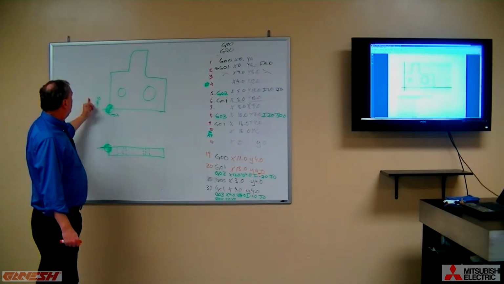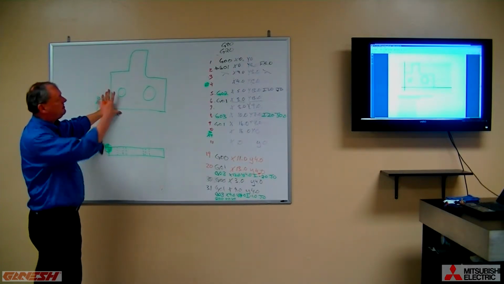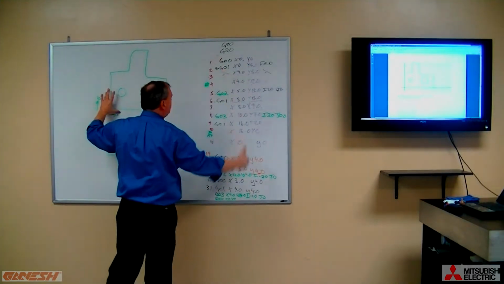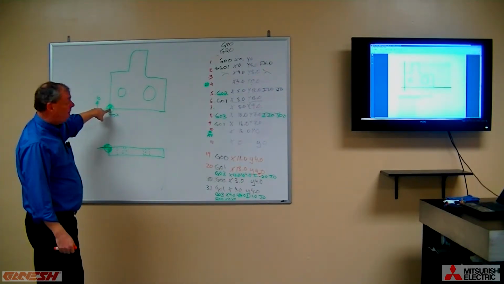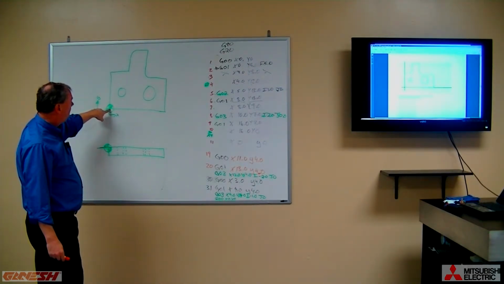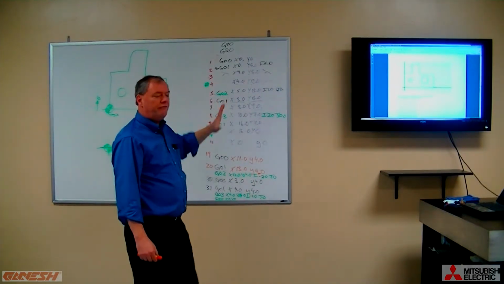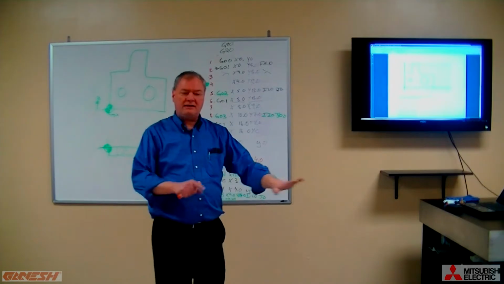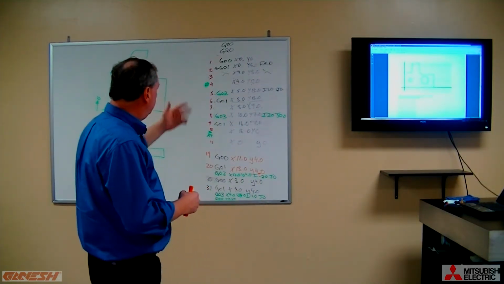If it's something going up and down, it's our y-axis. So we know that this part that we just completed is sitting at the x and y origin right here at the lower left-hand corner of the part. What this program does not have, this will produce valid movement in x and y only. We do not have a z-axis in this part.